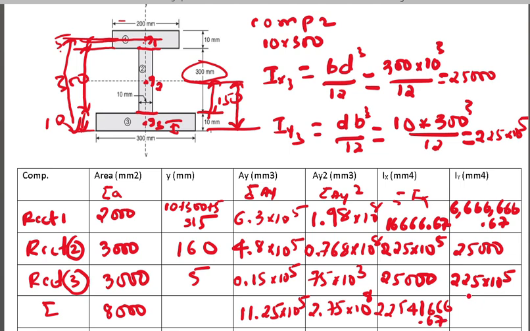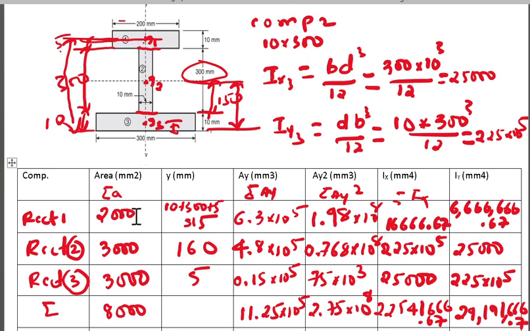What about summation of Iy? Summation of Iy is 2,929,191,666.7.